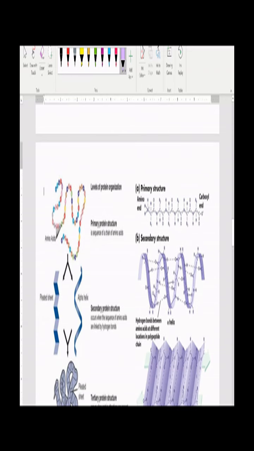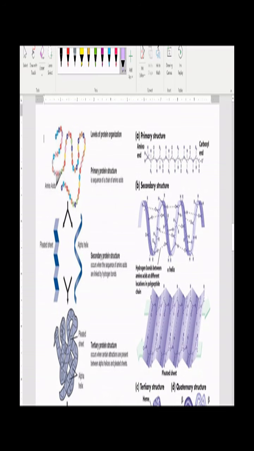Then in your secondary protein structure, you have those different sequences of amino acids connected by hydrogen bonds. Those can either take a helical shape, which is called an alpha helix, or look like more of a zigzagged sheet, which is called a beta pleated sheet.